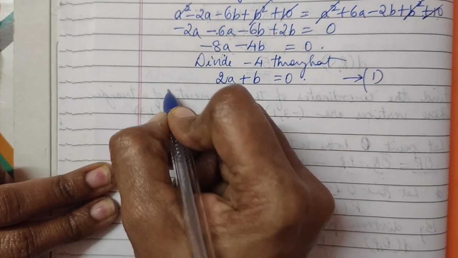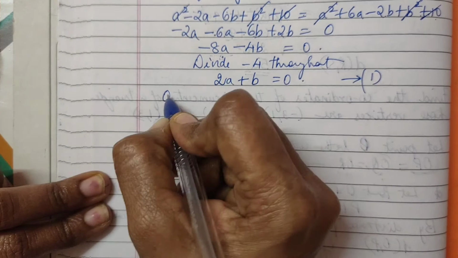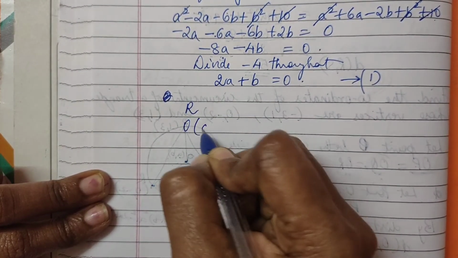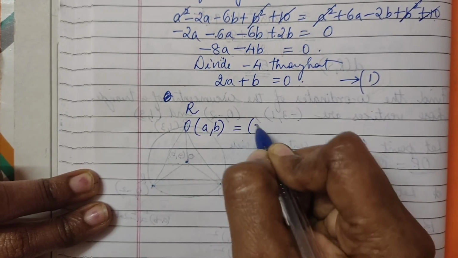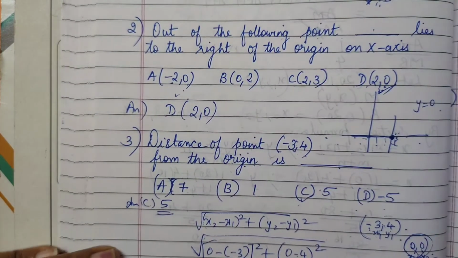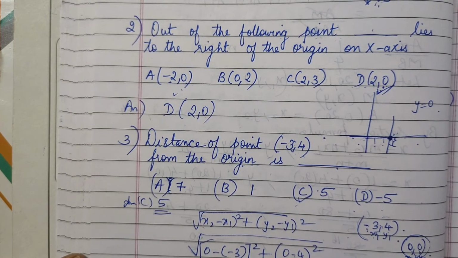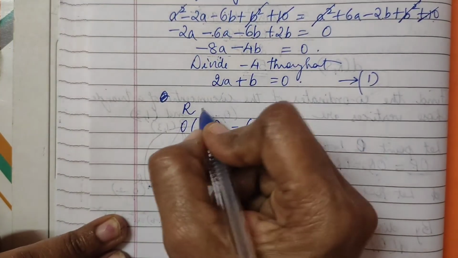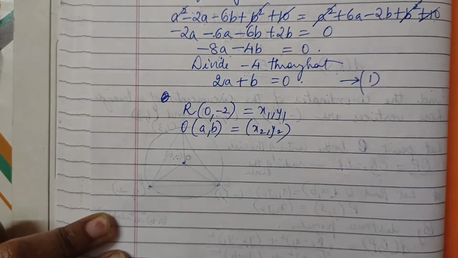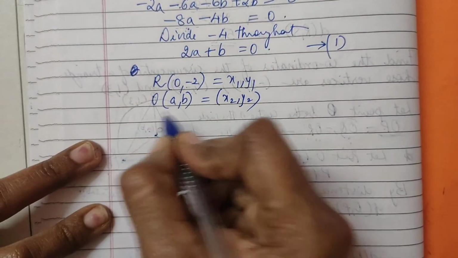Distance of OR. For that, first again the point O. I'll write R first here, and then O here. What is this, x2, y2? And what is the R point? Let's see from the back. R is 0 comma minus 2, so 0 comma minus 2 is x1, y1. Now we will use the distance formula.